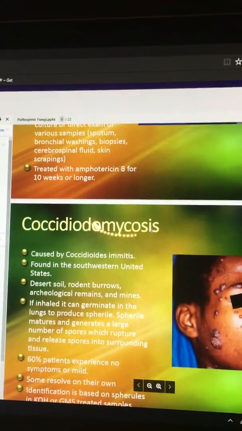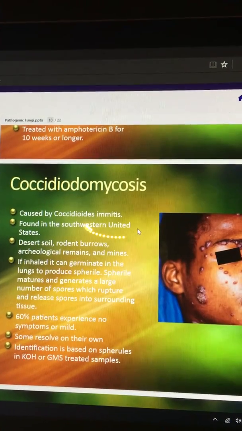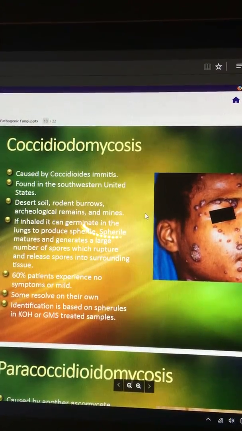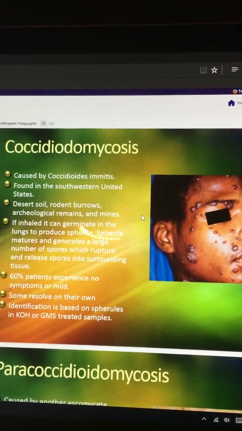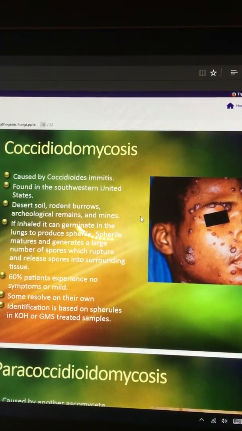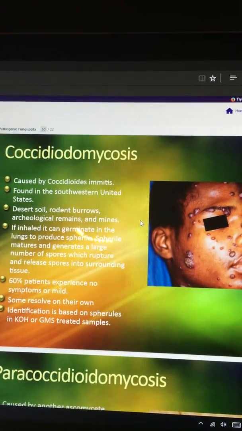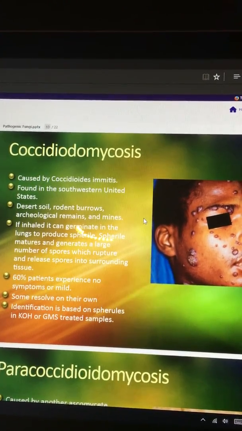Then I have coccidioidomycosis, which is caused by Coccidioides. It's found in the southwestern United States. You can find it in desert soil, rodent burrows, archaeological remains, and mines.